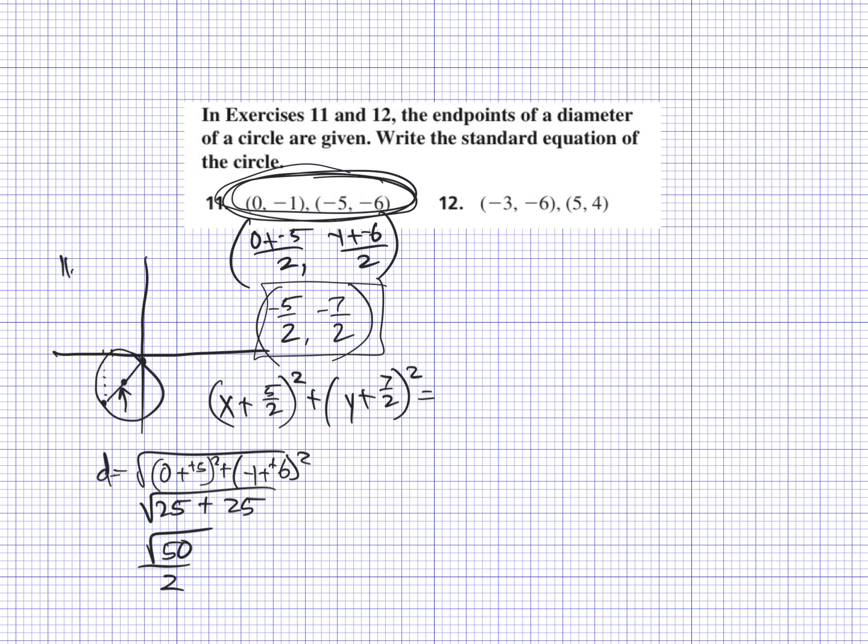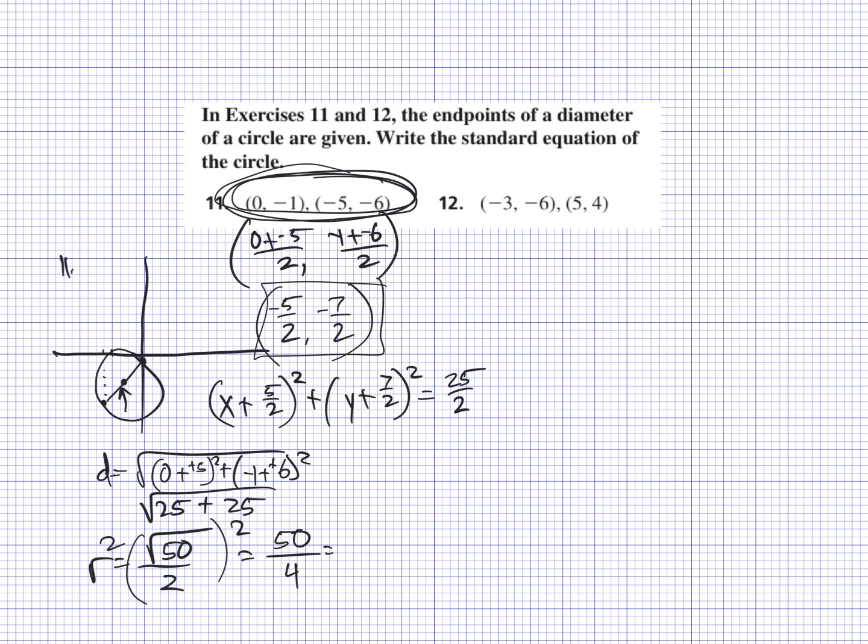But we want to square this. We need the radius squared. So if we square both sides, when you square a square root, you get 50 in the numerator, and 2 squared is 4. 50 over 4 reduces to 25 halves, or 12 and a half.